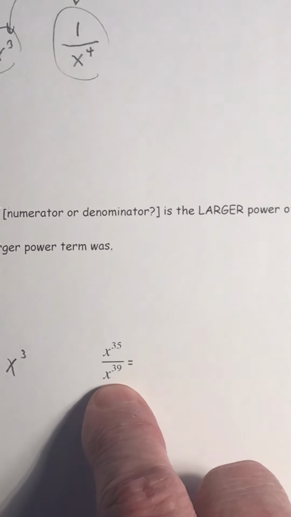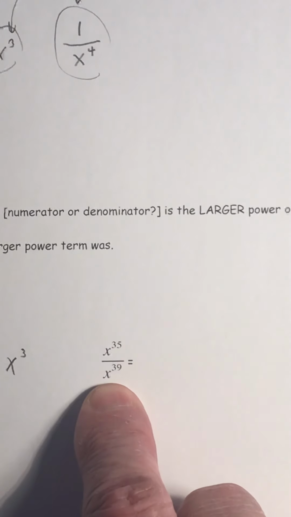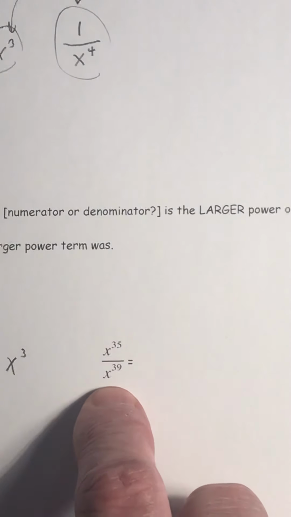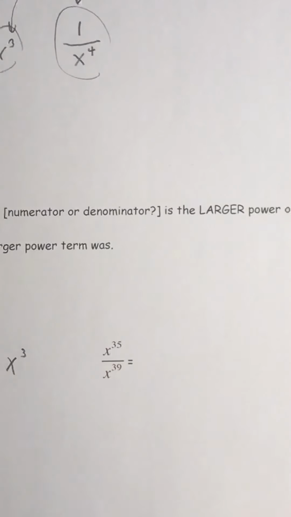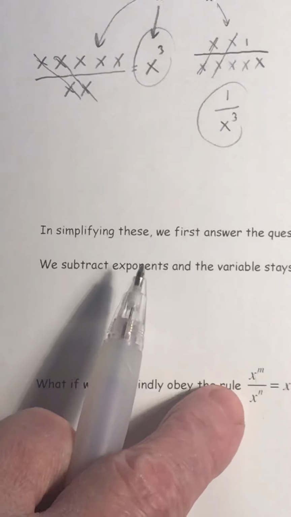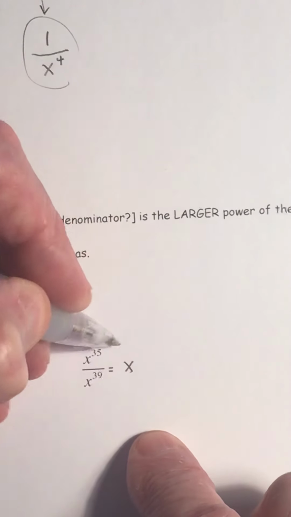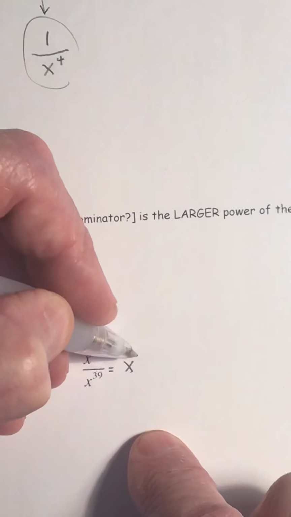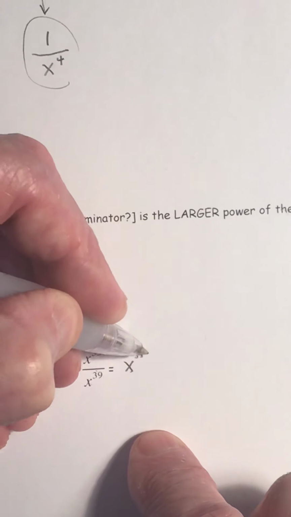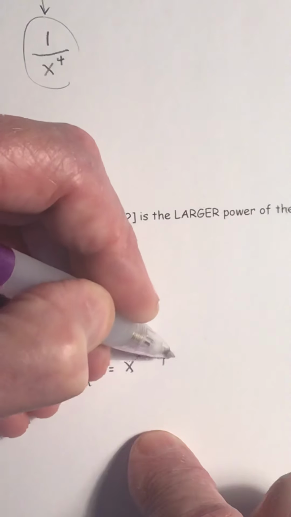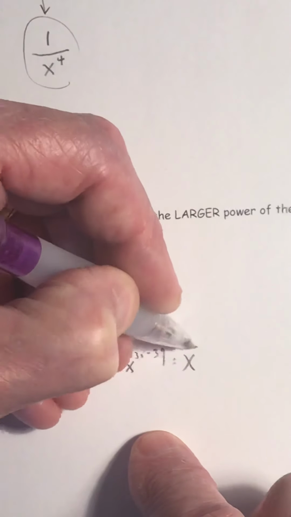This one we would say, oh, it's on the bottom, so we keep the x on the bottom and we get 1 over x to the 39 take away 35. But supposing we just use this, top minus bottom exponent, well, we would get x to the 35 minus 39. How much is that? That's negative 4.